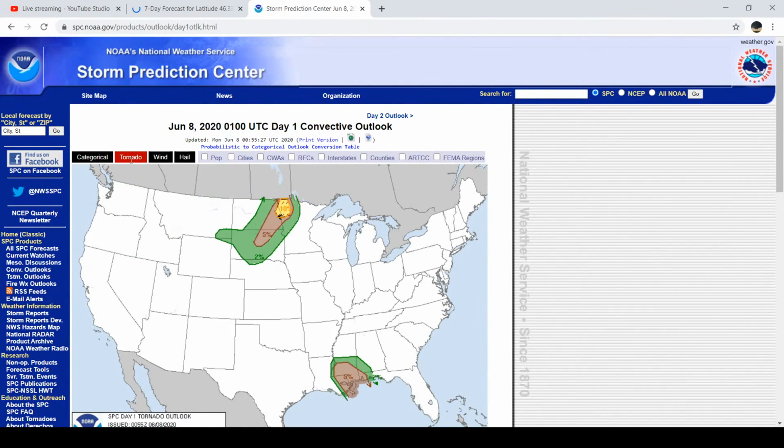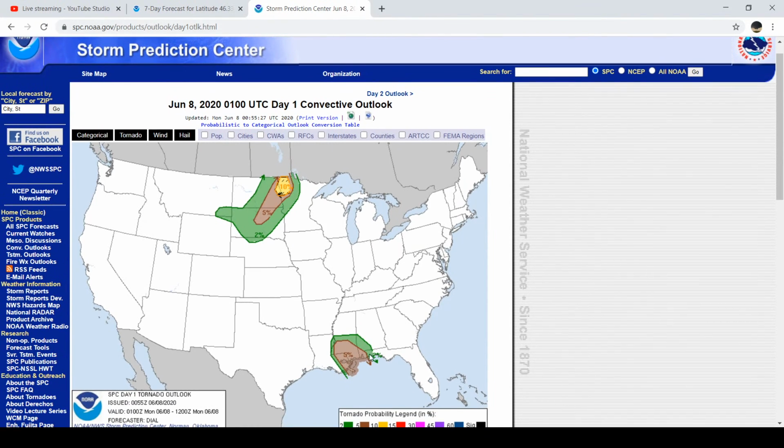They're going to keep the enhanced risk with a 10% hatch area over here in northwest Minnesota. As we can see, the 5% runs down through North Dakota and South Dakota. There's a 5% risk all the way down in here, parts of Louisiana, Mississippi, parts of Mobile, and Gulf Shores, and all that.